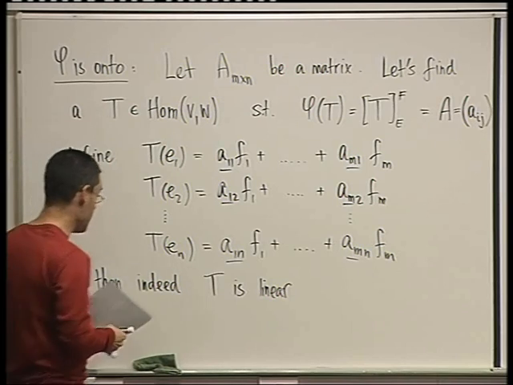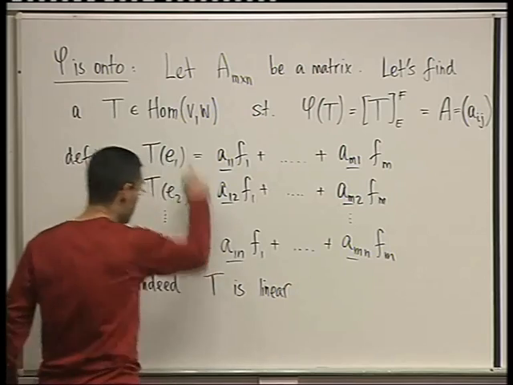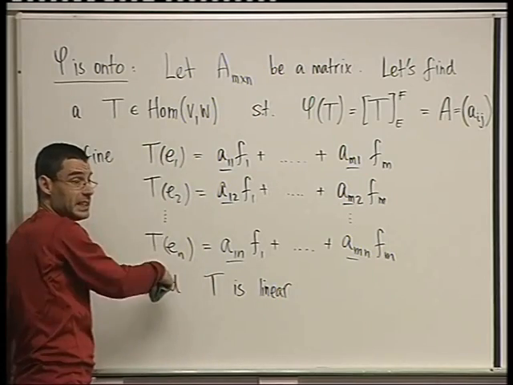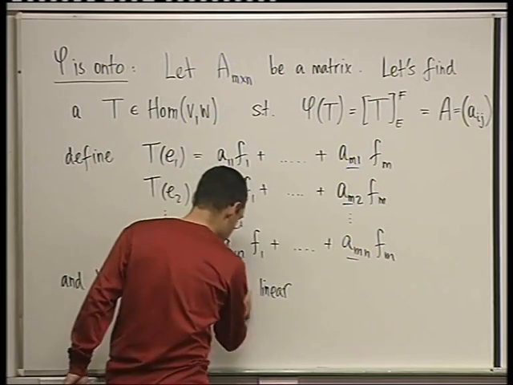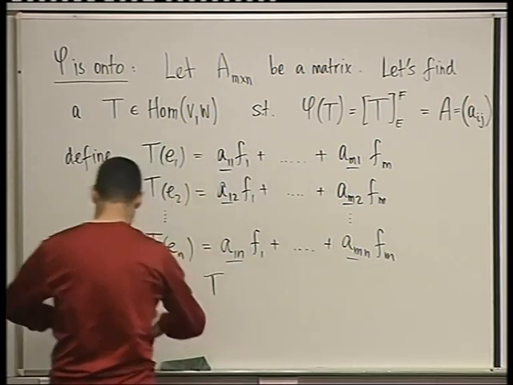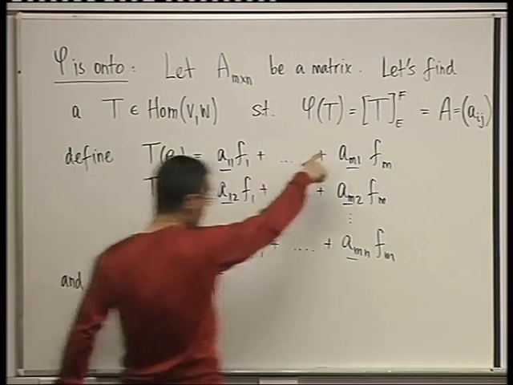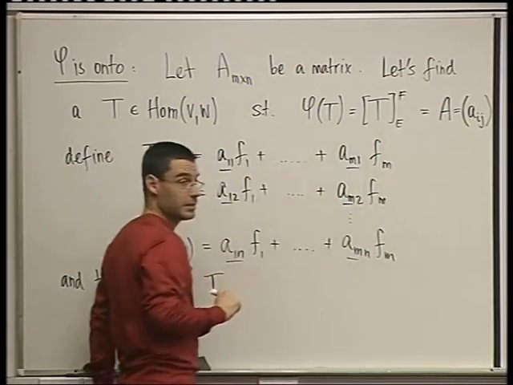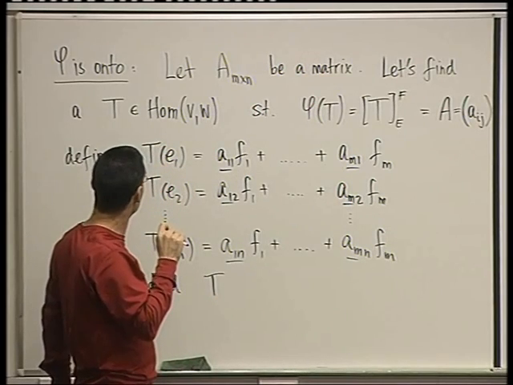Okay, so then indeed T, it's not that T is linear. I didn't define T completely yet. I just defined what it does to basis elements. Then T, maybe we should write it more precisely. T or phi? T. I'm defining T whose phi is A. But isn't T linear by definition because we said that it's in Hom(V,W)?